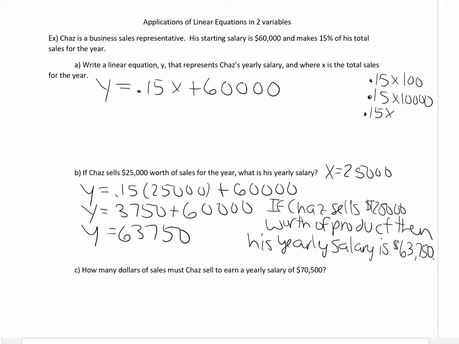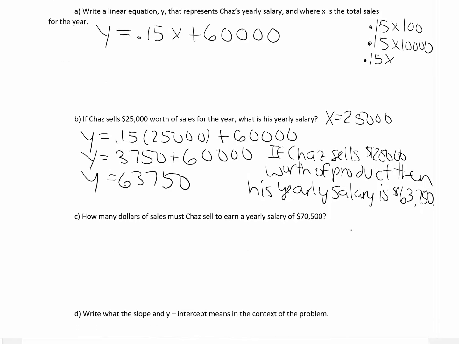Okay, let's do part C then. How many dollars of sales must Chaz sell to earn a salary of $70,500? Well, salary is represented by y. So solve the equation.